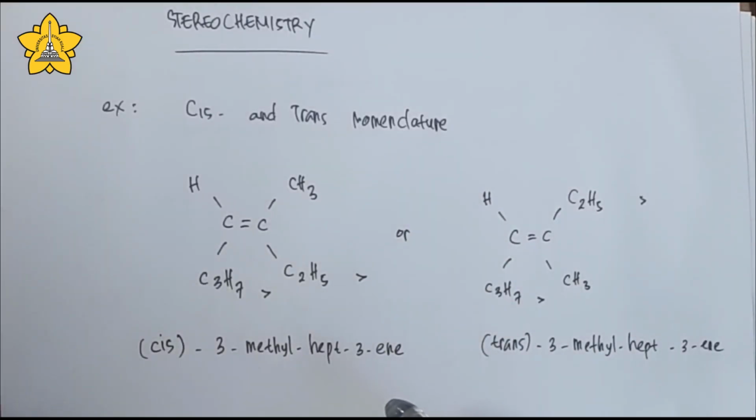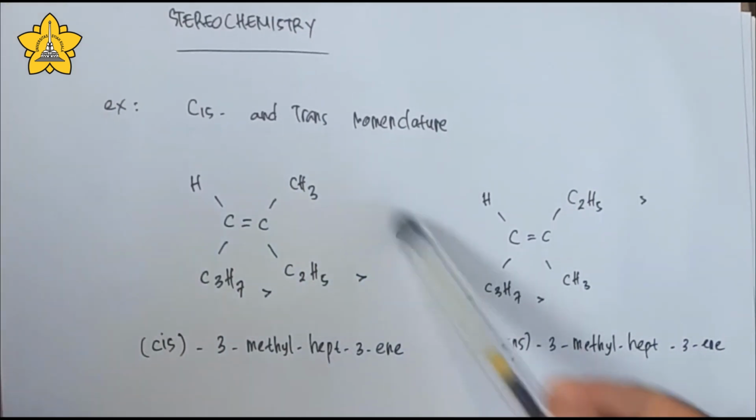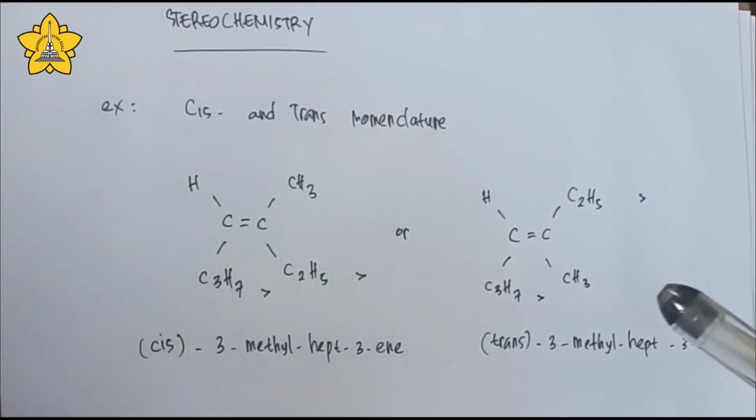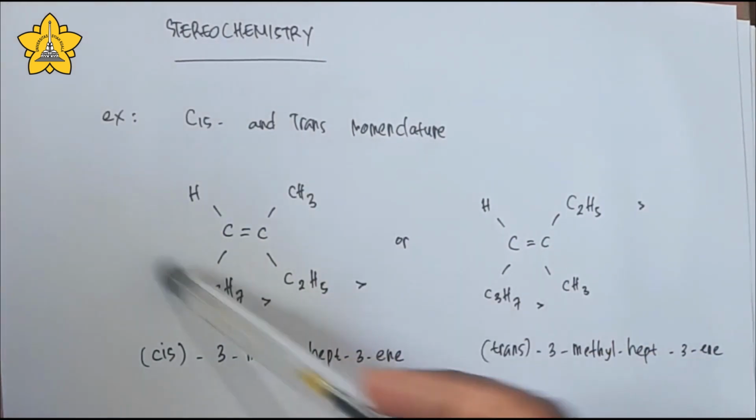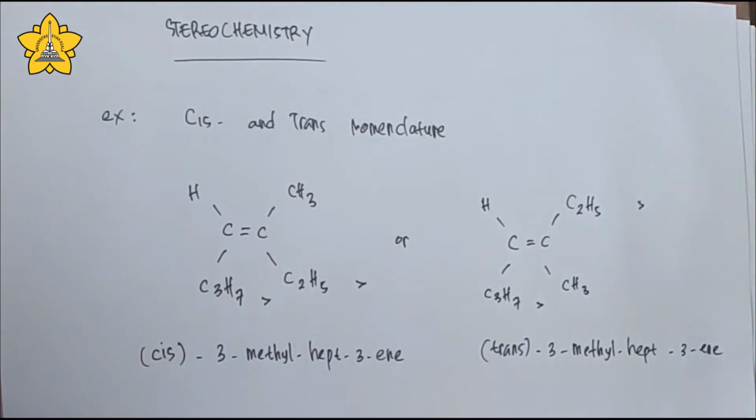On the left side, you have the cis stereoisomer, and on the right side, you have the trans stereoisomer. Cis and trans stereoisomers are determined based on the priority of the substituents bound to the atomic center of the alkene chains.